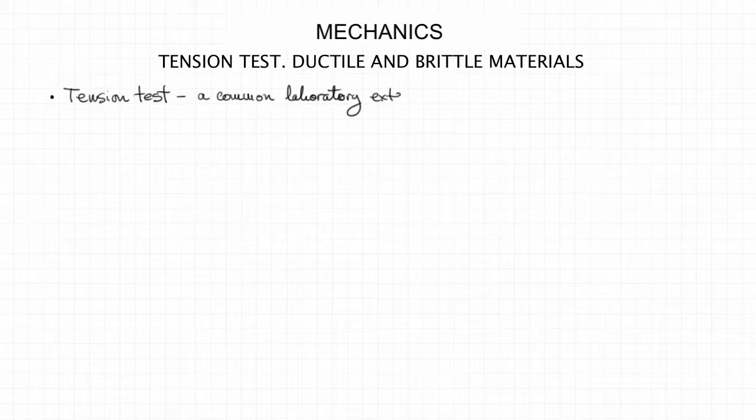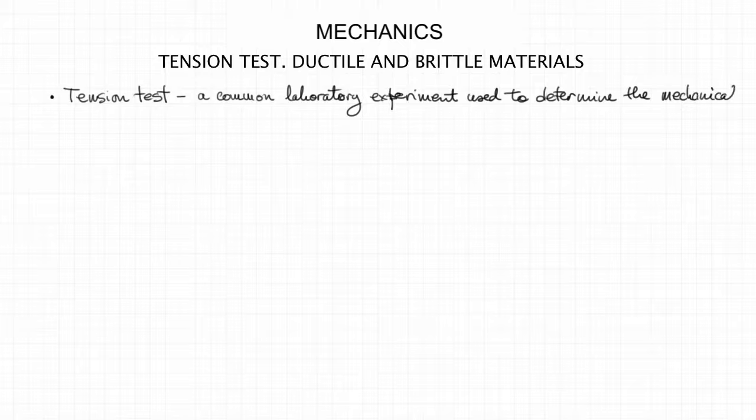So we will see now how we can use this test, what exactly we will test, and what measurements we will do in order to determine the material properties that we need to know.